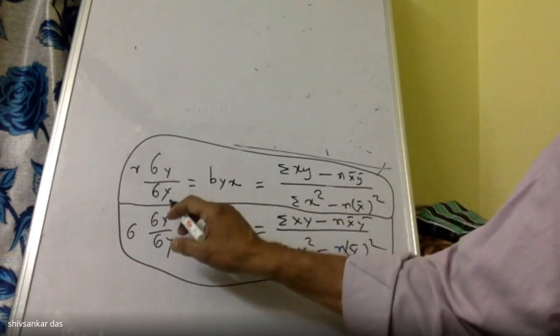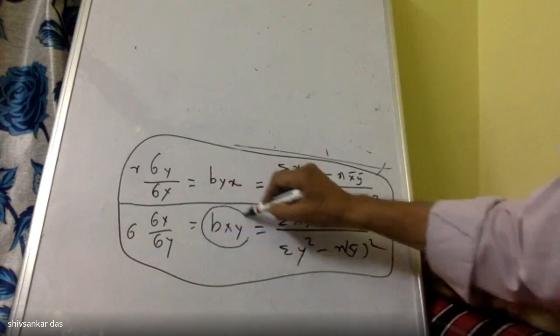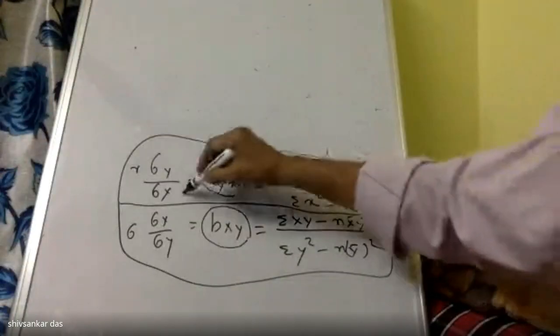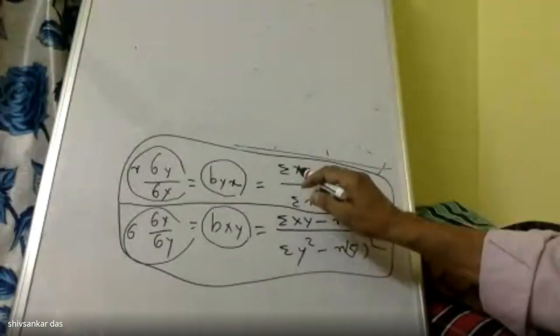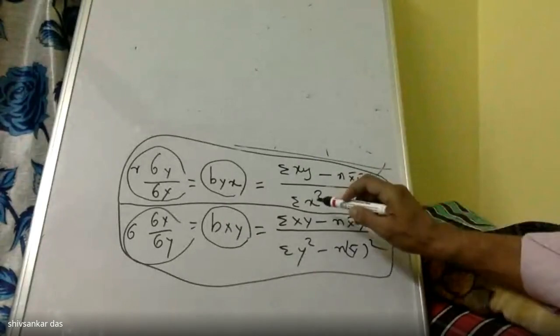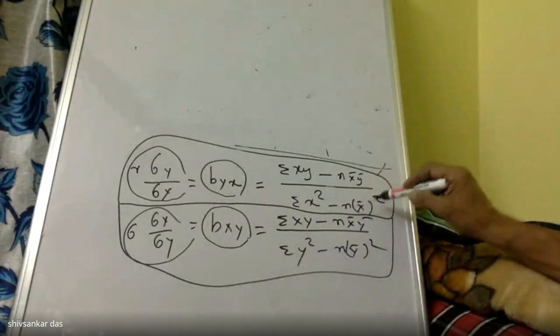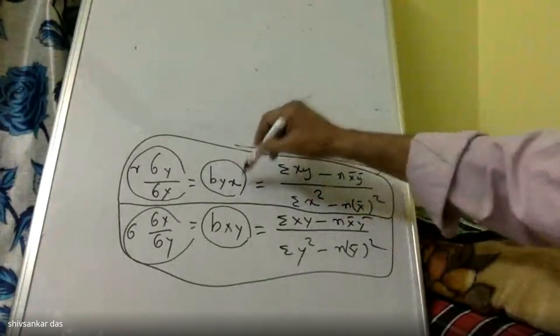R sigma y by sigma x is equal to b yx, that is called the regression coefficient. This can be expressed in this way: it's equal to summation of xy minus n x bar y bar, over summation of x square minus n x bar whole square. That is y on x.